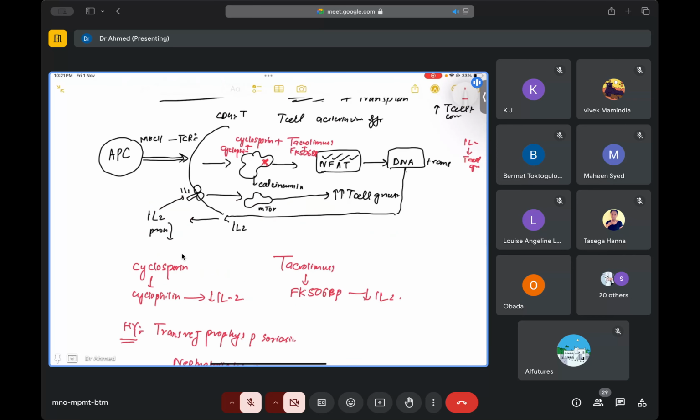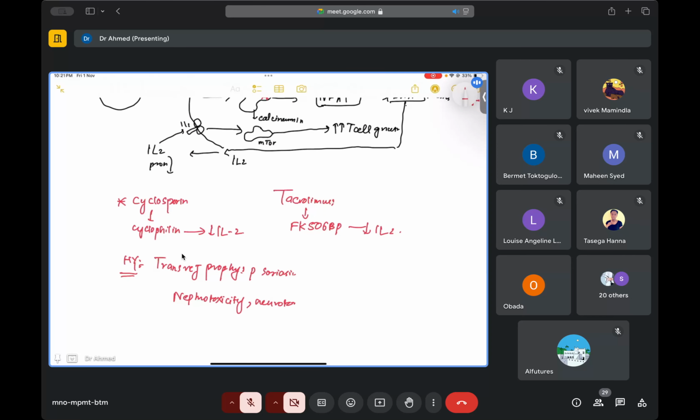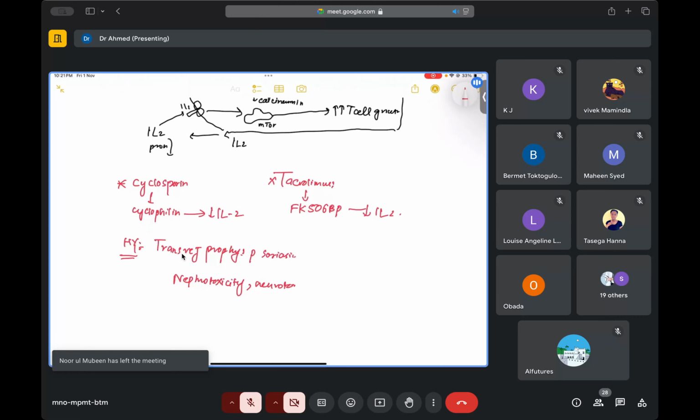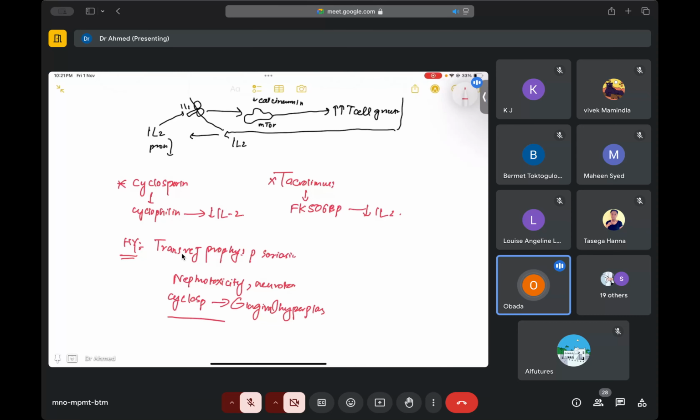Both of these drugs are kind of the same. They have the same mechanism of action. They are blocking your calcineurin. But how to differentiate, very high yield? The side effect of cyclosporin is basically gingival hyperplasia.